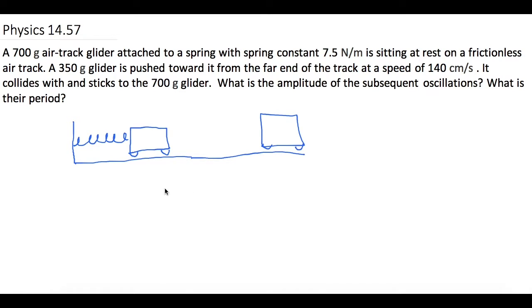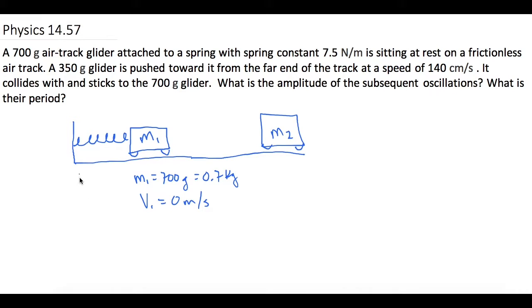This question says we have two gliders sitting on a frictionless track, and one is attached to a spring at rest. So let's label this one M1, and this one M2. M1 is 700 grams, which is 0.7 kilograms, and it's at rest, so its velocity is 0 meters per second, of course.